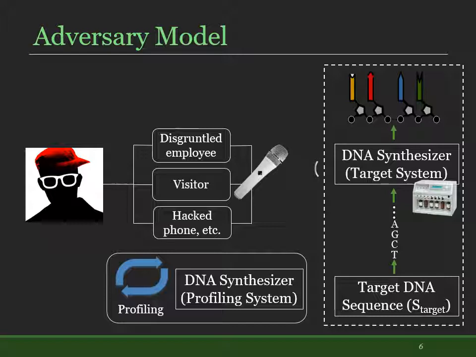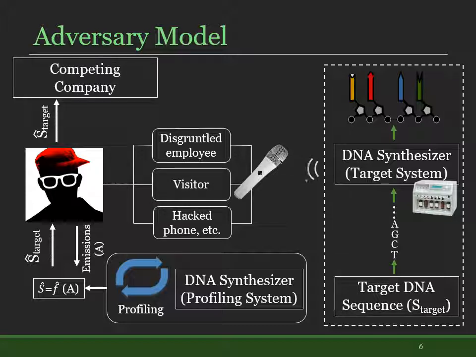Once the attacker collects the recorded noise, he will use his pre-trained estimation functions to predict the order of the bases in the synthesized DNA sequence and sell it for a profit to a competing company.